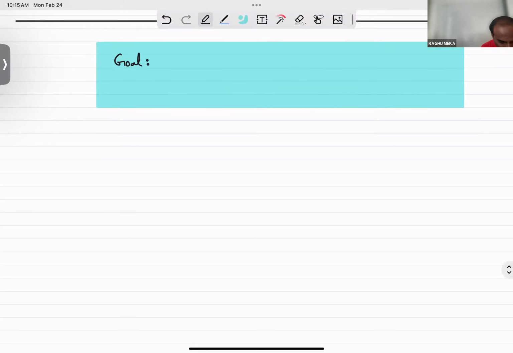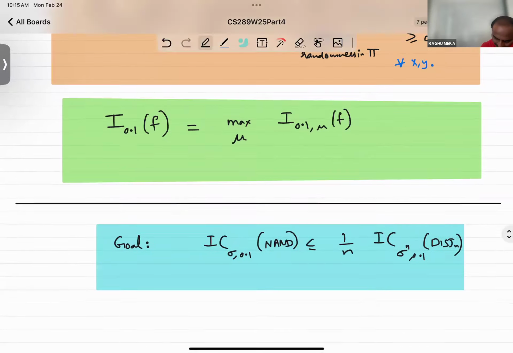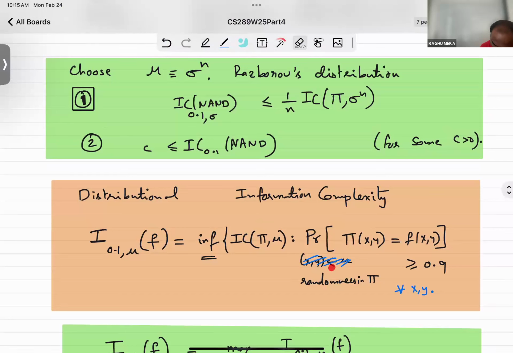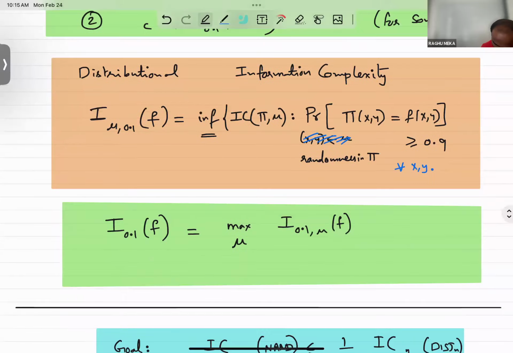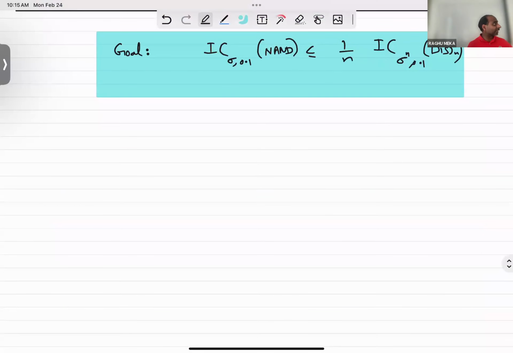So our goal is to say that, I might have changed the order of sigma and 0.1, but you know what they are: one is the distribution, one is the number.